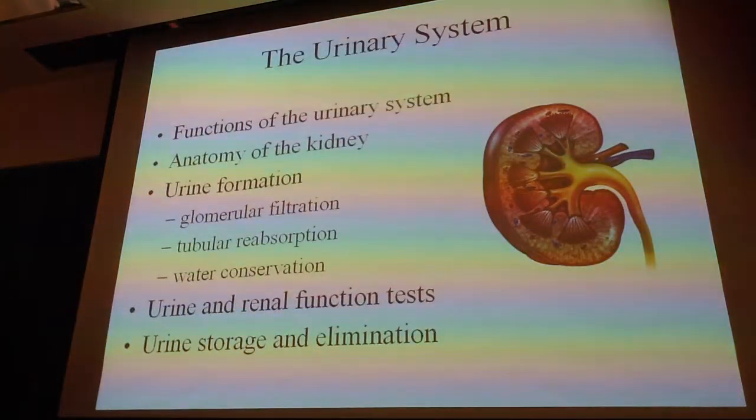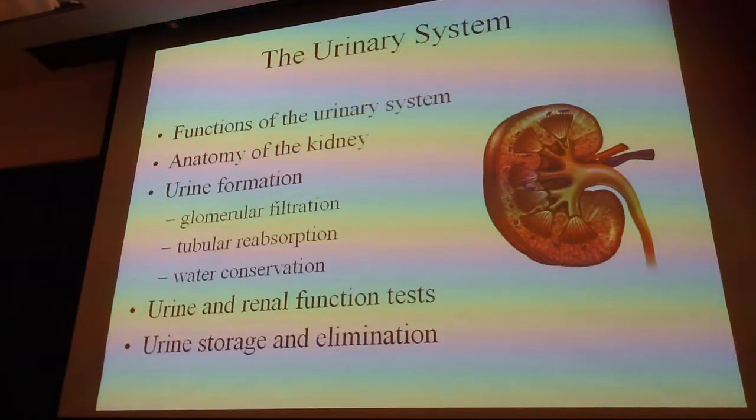What we're concerned with in the urinalysis are things like the BUN and creatinine. Both of those give us a pretty good idea of renal function. We're also interested if there are any cells present in the urine. Normally you will have a couple of red blood cells. You may have a couple of white blood cells. That's normal.